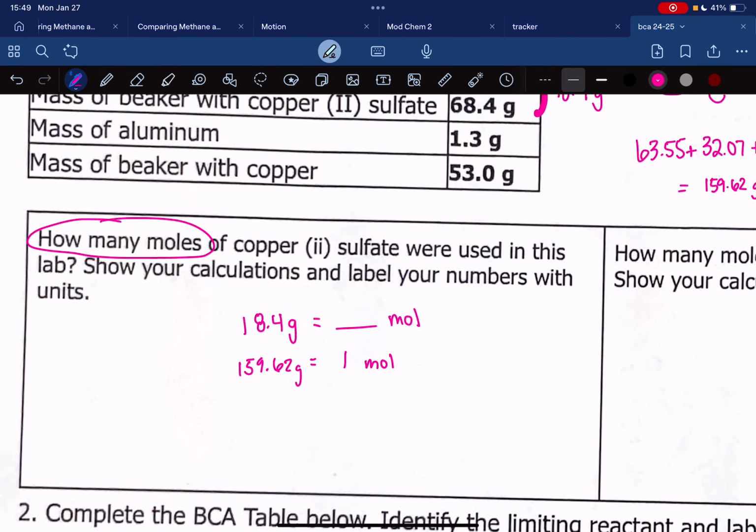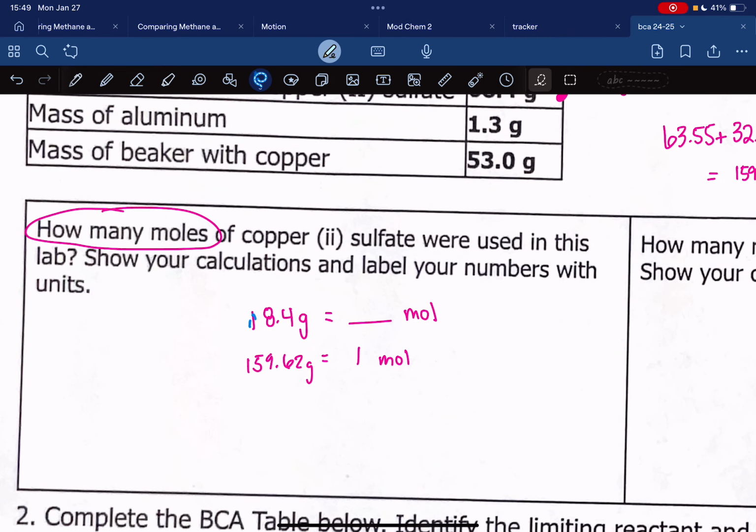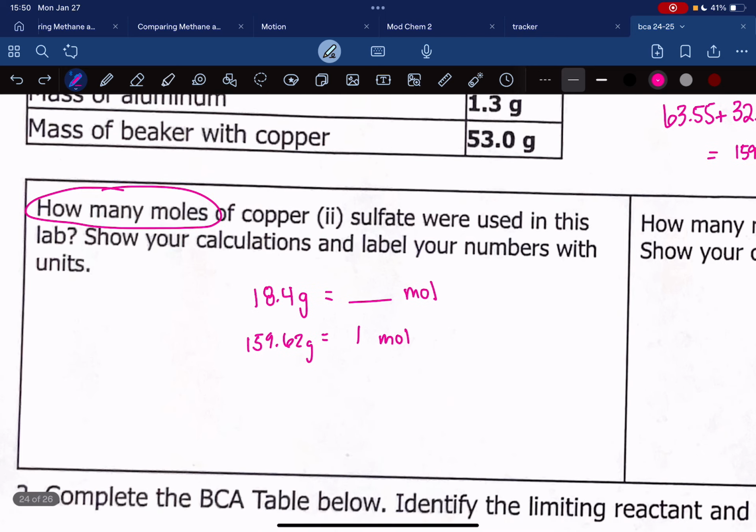All right, now we can look at these numbers and we can decide our answer here. Is this going to be more than 1 mole or less than 1 mole? Of course, this is going to be less than 1 mole because we have less than 159 grams. We only have 18 grams. So I know that I have to do some kind of a division here because it's proportional. So then the question is, do I divide my 18 by my 159 or vice versa?